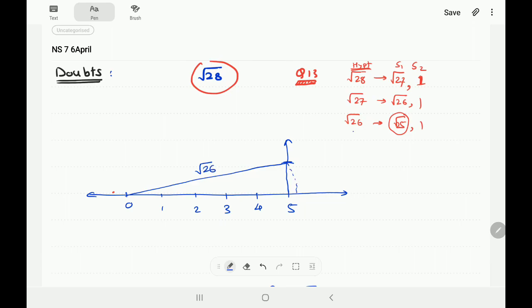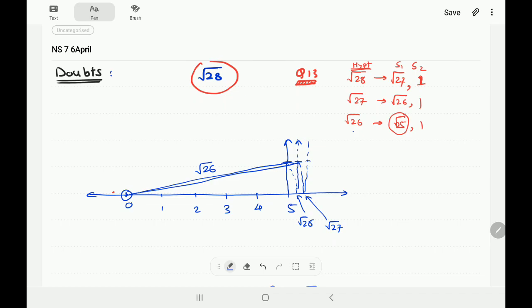Then take it down, taking a compass here. It's going to be critical, but you have to do that. Again perpendicular on 26, 1 unit distance, take it down with the compass. Again perpendicular on root 27. This is root 26. This is root 27.